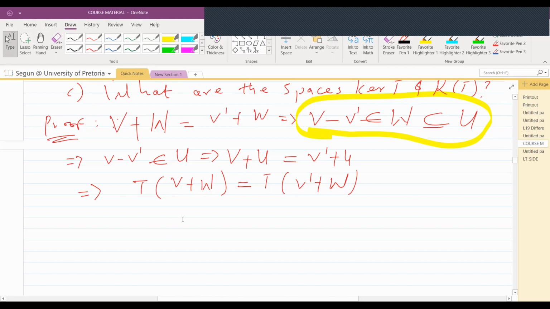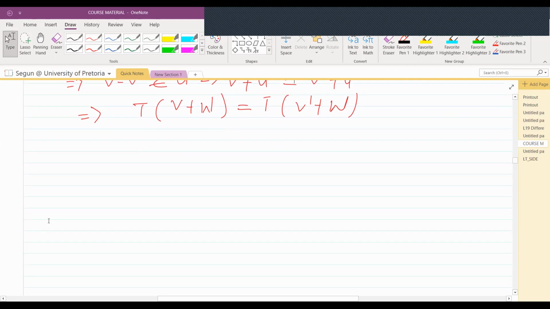So then we can conclude at this point, because they can ask you, is the T well defined? Then you can only show them in this case, which implies that, or we can say, therefore, our T is well defined. That's the solution.